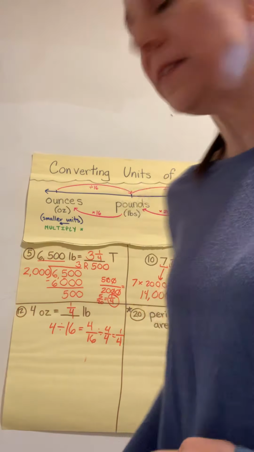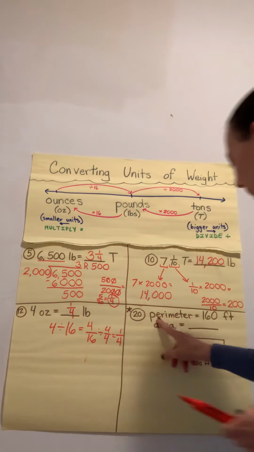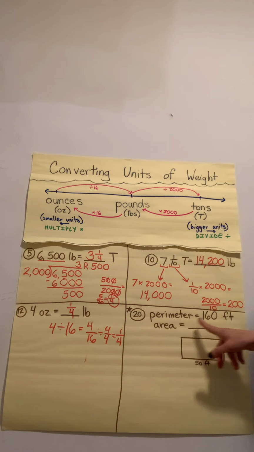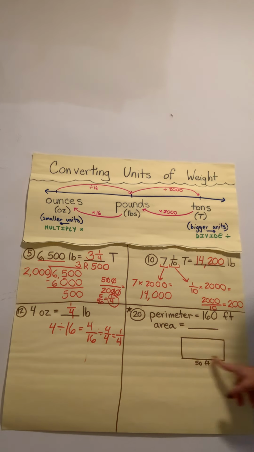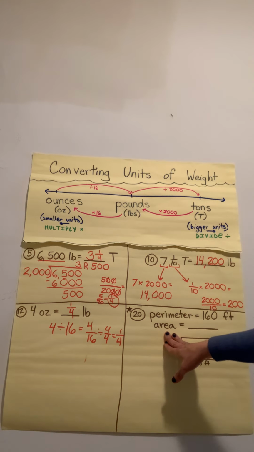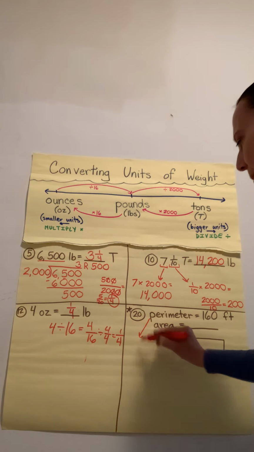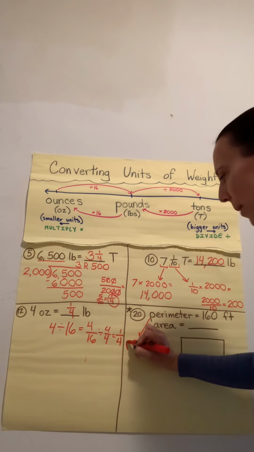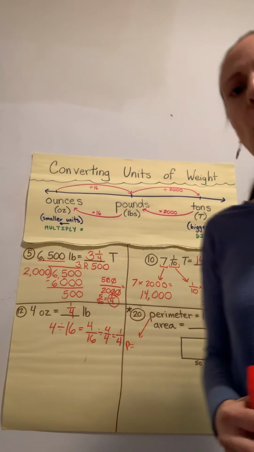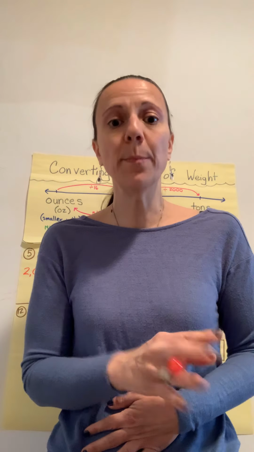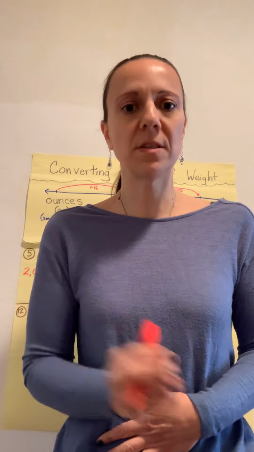So if we take a look at this problem, number 20. Number 20 gives you the perimeter of a rectangle is 160 feet. And it asks you to find the area. So I want to take a minute to remind myself of my formulas here. Perimeter is all of the sides of a shape added together to get the total distance around the shape.